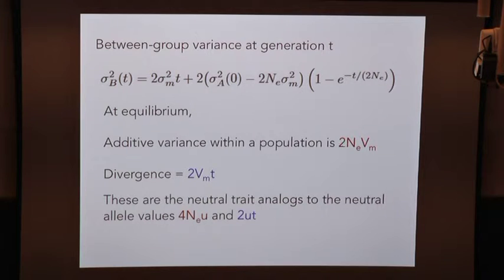Notice, by the way, the connections. That's the expected added variance in a neutral trait. That's the expected polymorphism in a neutral allele. That's the expected divergence in a quantitative trait. That's the expected divergence in a sequence. So they both scale with Ne, and the difference here is that mu in both of these now is replaced by the mutational variance. So this is a well-developed theory.